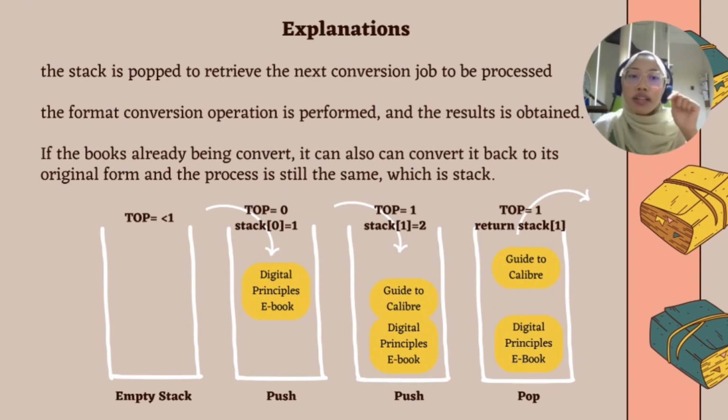Since it's on the uppermost part of the stack, it will be popped first. Okay, so in this case, the top will be left with 1 and the return step value will be 1. So that's why in the previous slide, the job was left with 1, because the guide to Calibre has already been converted, but the digital principal input hasn't been converted yet.